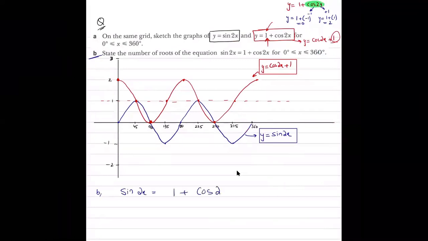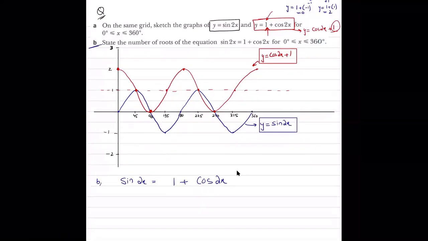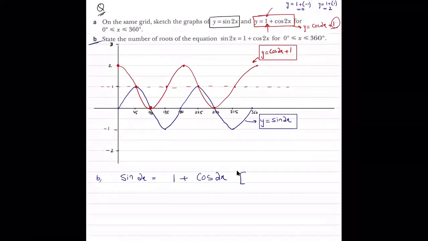The number of roots basically refers to the number of solutions, so you're looking at points of intersection. The number of points of intersection is going to give you the roots of this equation. If you were to solve this equation, in the first part you have drawn the graph of sine 2x and the graph of 1 plus cos 2x, and you want them to be equal. So they are going to be equal where you have a point of intersection.